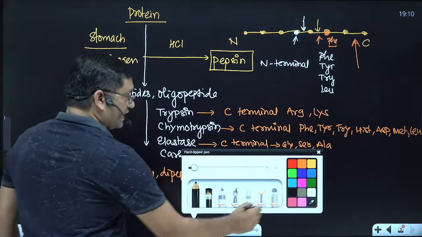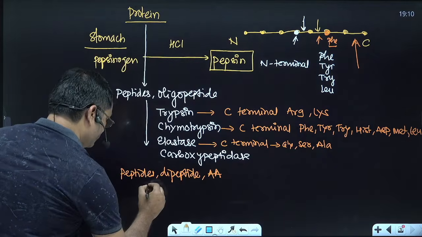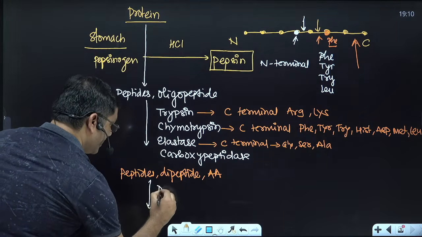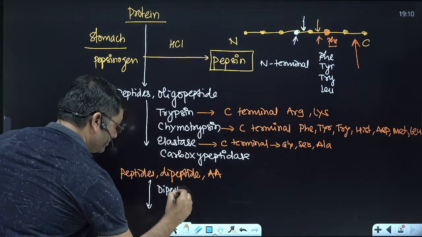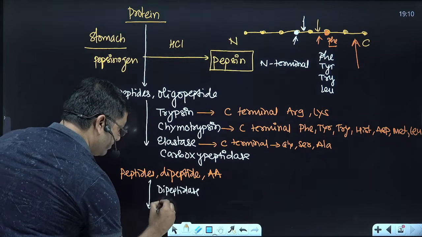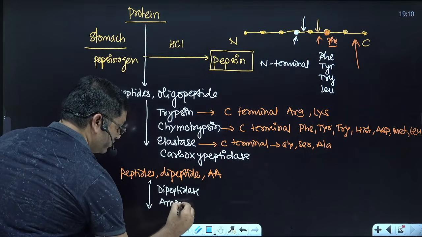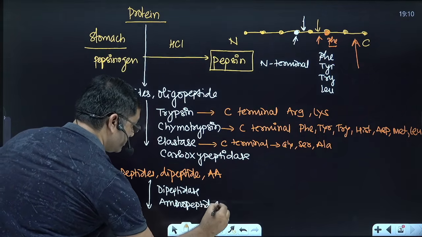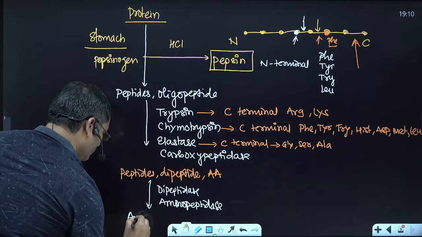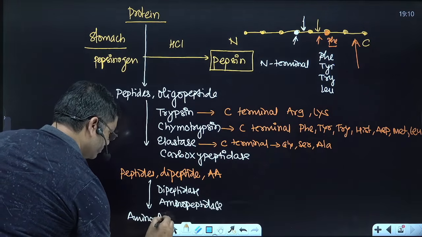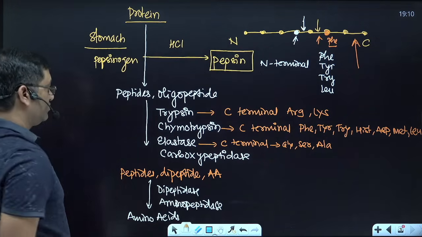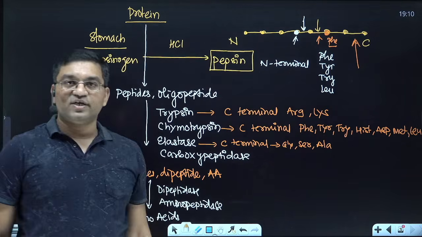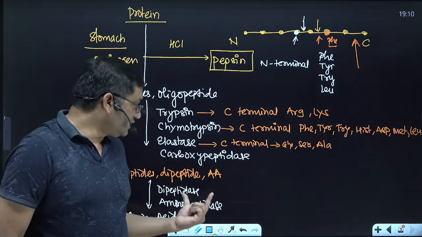These are further acted upon by the dipeptidase, then aminopeptidase from the intestinal mucosal cell, and there is formation of free amino acids, dipeptidase and aminopeptidase from the intestinal mucosal cell.